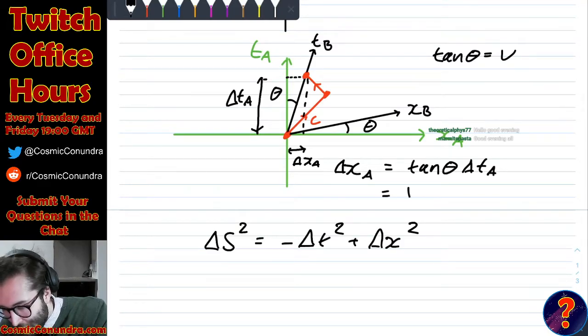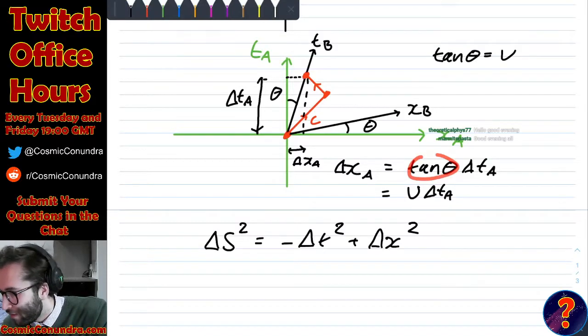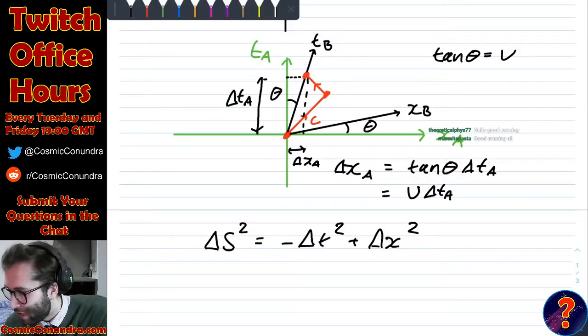And that simply just gives us v delta TA. So messing around with the tan theta, you didn't really need to think of anyway. It's just velocity times time.